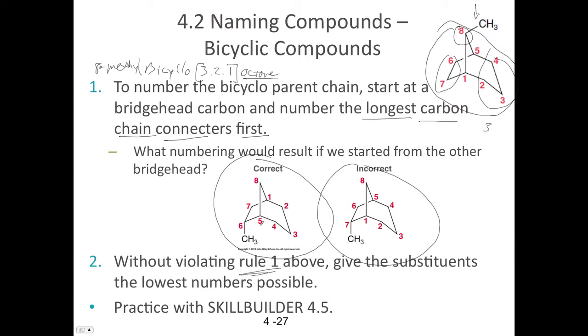But here you can start numbering from here to this side or from there to this side. If you were to number from here, 1, 2, 3, 4, 5, 6, 7, 7 here is larger than 6. So if you start numbering from this side, 1, 2, 3, 4, 5, 6, 6 here is lower than 7.